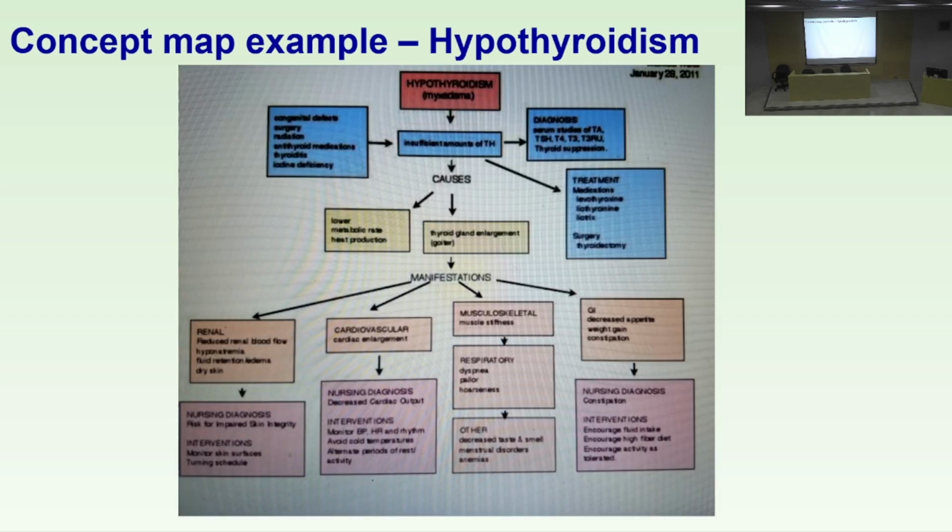hypothyroidism. You will study pathology and internal medicine more from next year. This is how you create a concept map for pathophysiology. What does it mean?